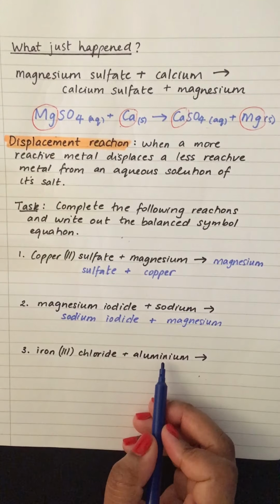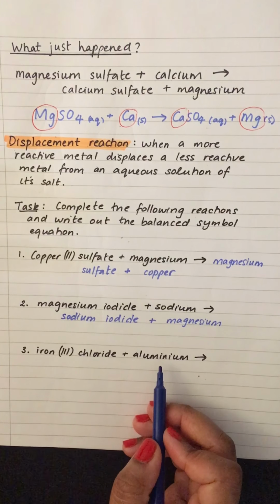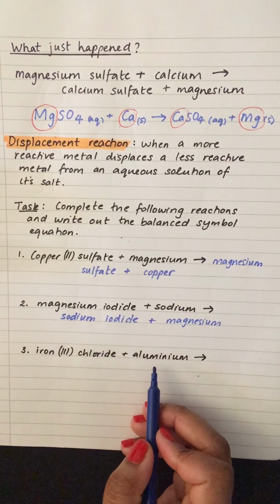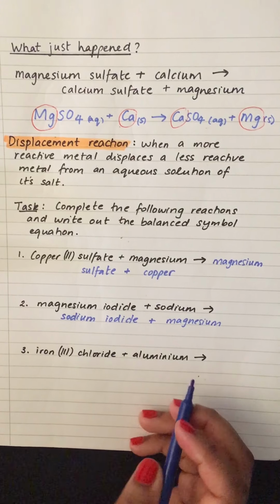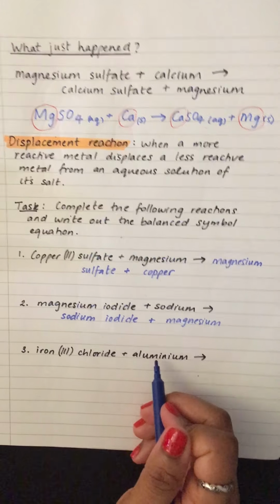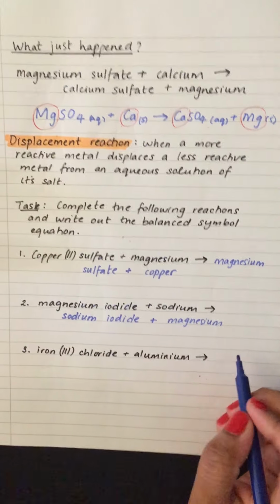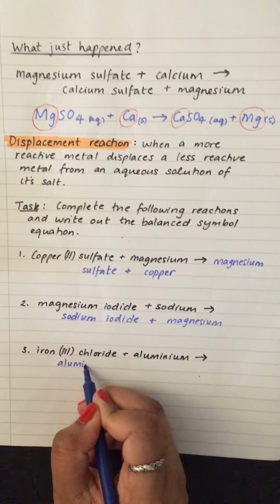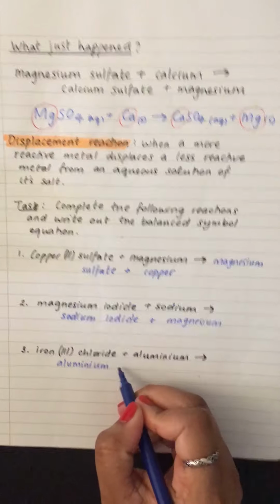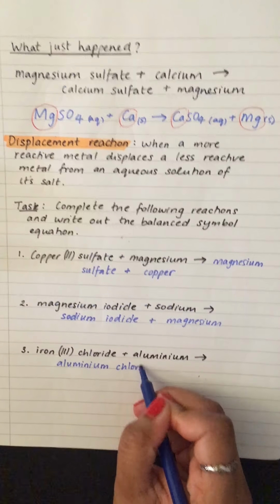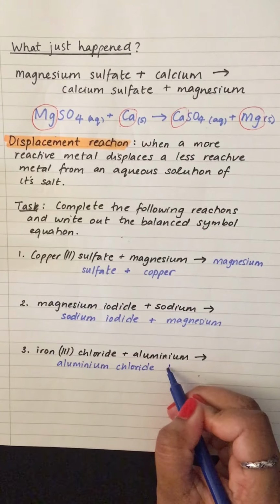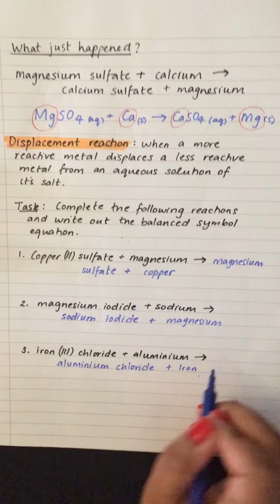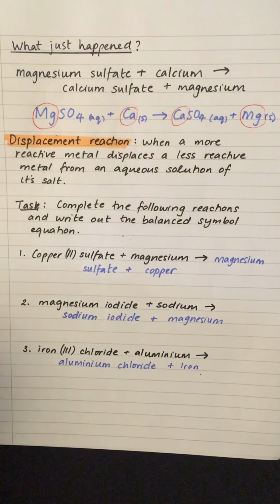And aluminium is more reactive than iron, so it will displace iron out of this compound and will form aluminium chloride plus iron. Okay, let's get on to writing out the balanced symbol equations.